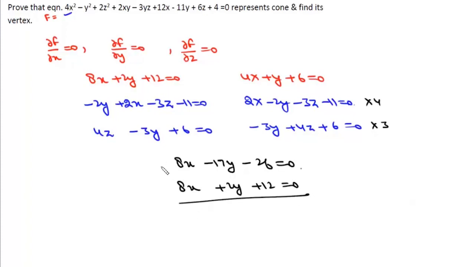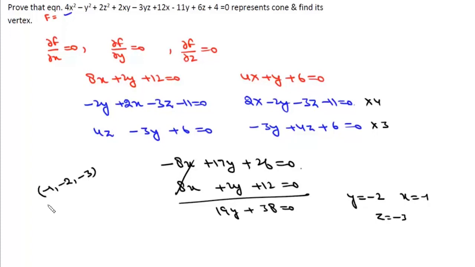Now we subtract this first from second. 8 and 8 will cancel. So we'll get 19y plus 38 equals 0. So value of y is minus 2. Now if we put y as minus 2, we'll get x as minus 1. And if we put y as minus 2 in this, we'll get z as minus 3. Vertex of this cone is at minus 1, minus 2 and minus 3.